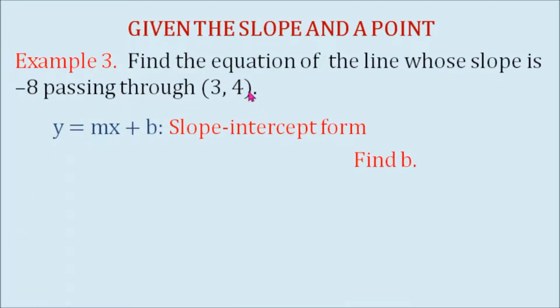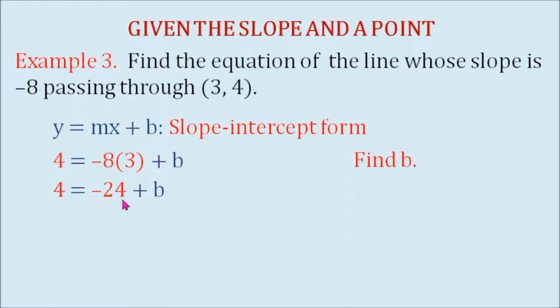Substituting y with 4, m with -8, and x with 3. So it's 4 equals -8 times 3 plus b. -8 times 3 is -24. So we have 4 equals -24 plus b.